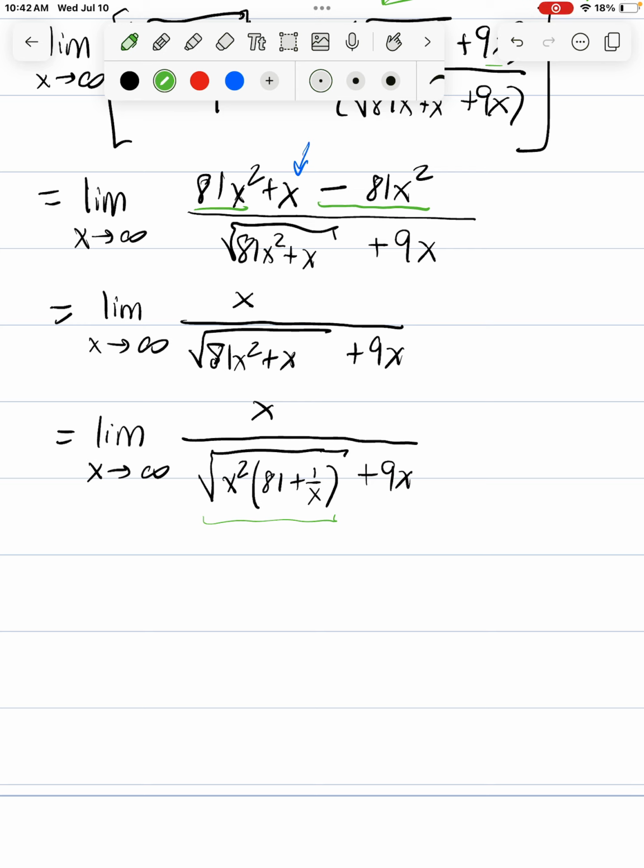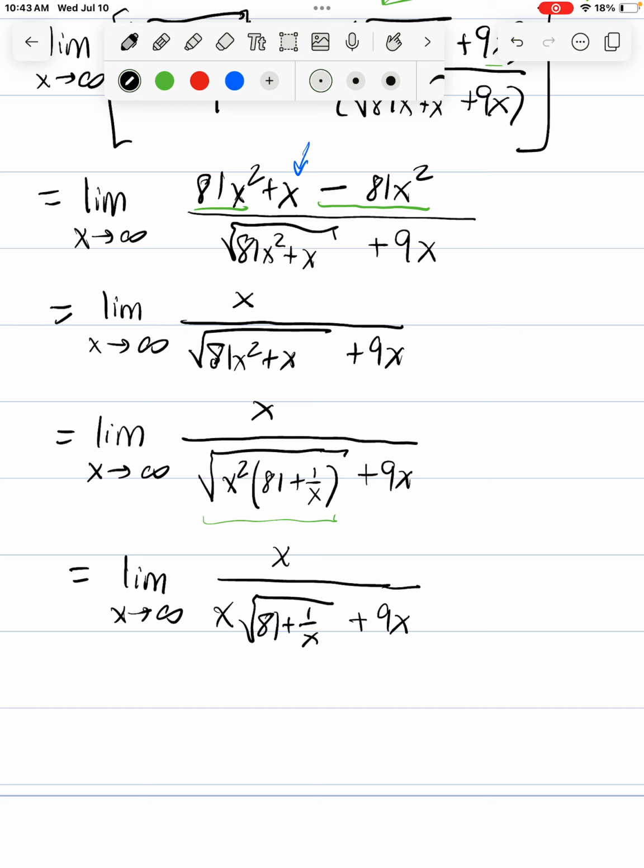I can write this as the square root of x squared times the square root of 81 plus 1 over x. And then the square root of x squared, that's the absolute value of x. And in this case, x is going to infinity, so x is really positive, so it's just going to be x. So this is going to be the limit as x goes to infinity, x over x times square root of 81 plus 1 over x plus 9x.